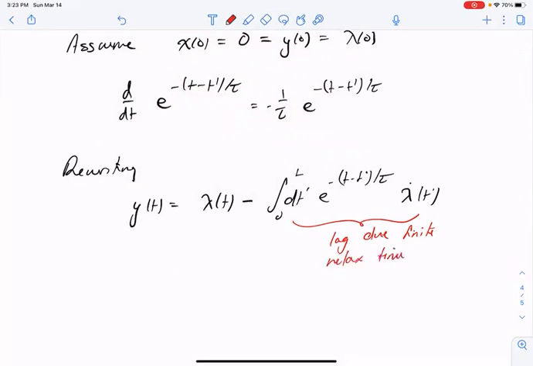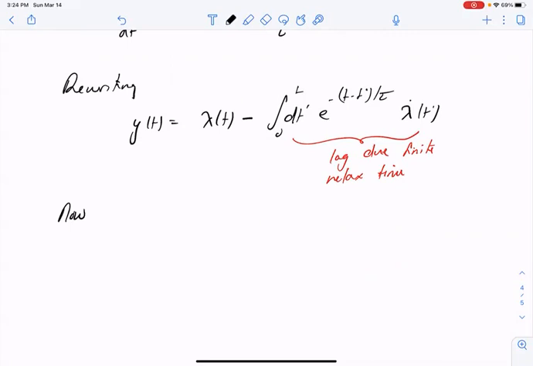If tau was 0, e to the minus 1 over 0 is e to the minus infinity, which is 0. In that case, y would equal lambda. To the extent that tau is not 0, that second term contributes, and thus y will generically lag behind lambda of t. All right.